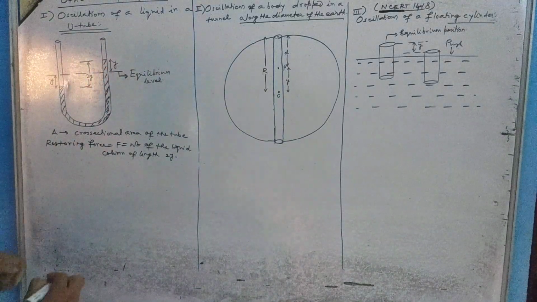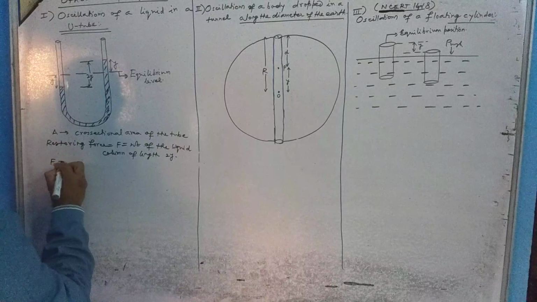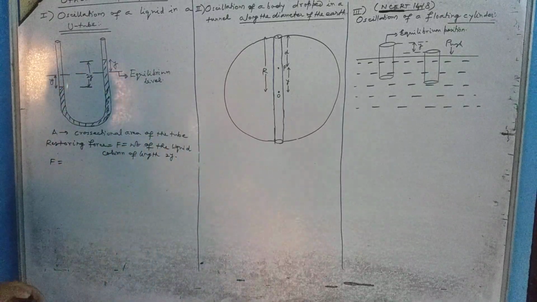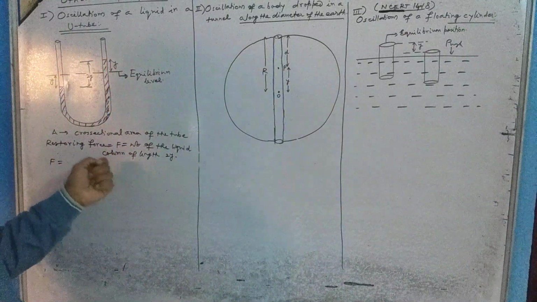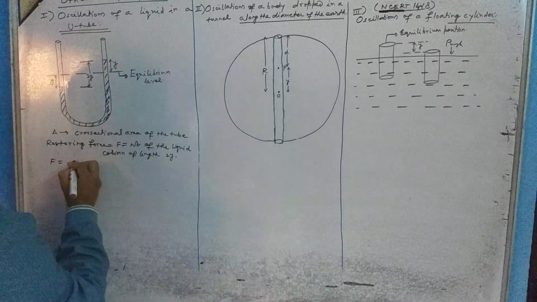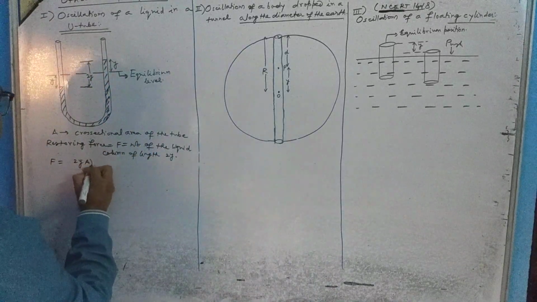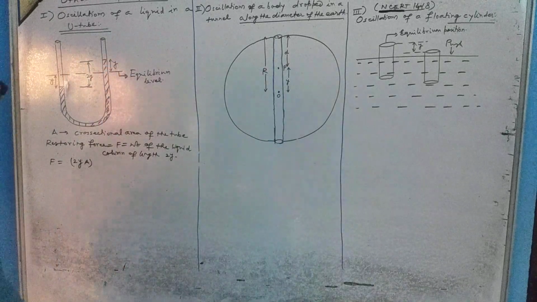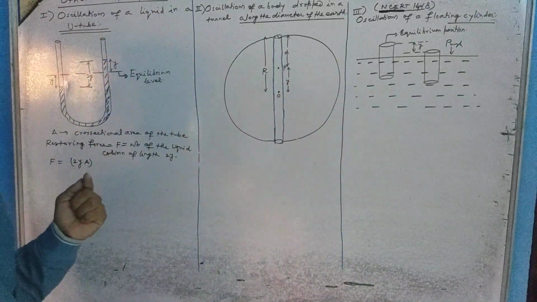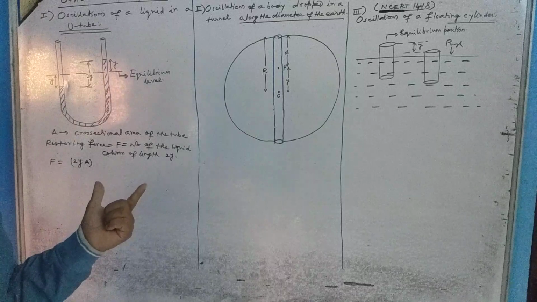What is this? F is equal to the weight of the liquid column. What will the weight be? Length is twice y, into A, that will become the volume. Twice y into A is the volume of that liquid.